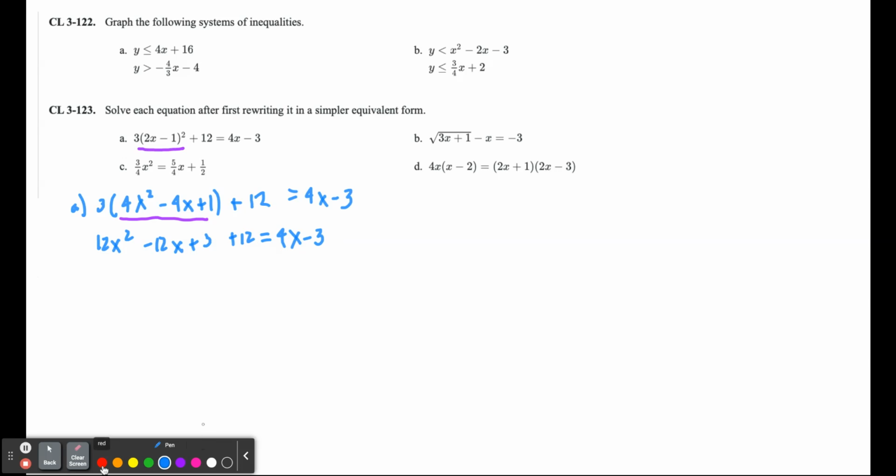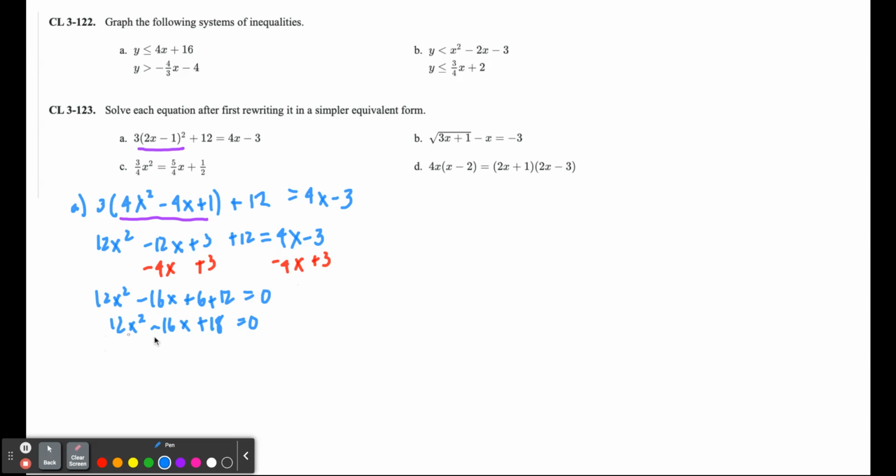That's 12x squared minus 12x plus 3 plus 12 equals 4x minus 3. Right, it's a quadratic that we need to solve, so we need to set it equal to 0. So that's 12x squared minus 16x plus 6 plus 12, which is 18.